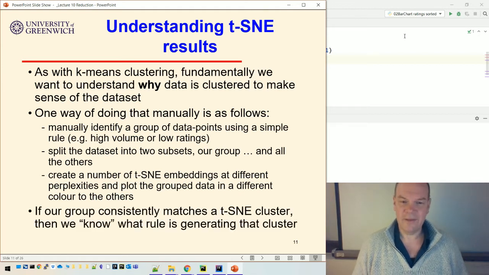If our group consistently matches a tSNE cluster at all those different perplexities, then we know what rule is generating that group. So we've decided, say, low ratings. If those low ratings are consistently clustered close together in all the tSNE plots, then probably that cluster is being generated because tSNE considers that products with low ratings are similar to each other.